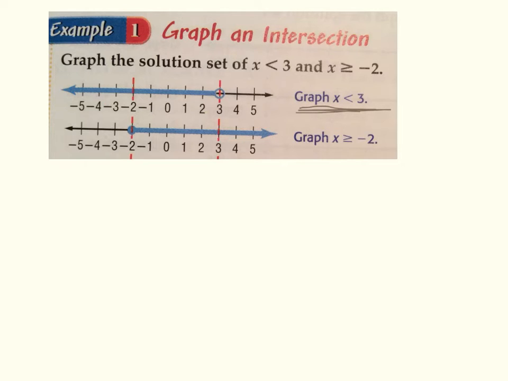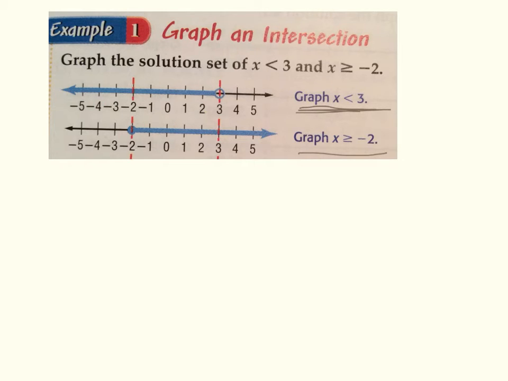We could then also look at the graph of x is greater than or equal to -2, and that would be a closed circle at -2, because of this being greater than or equal to. If it has the line underneath it, that means it's a closed circle. Okay, and shaded everything then to the right with a bolded arrow at the end.